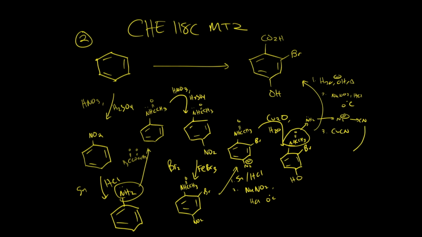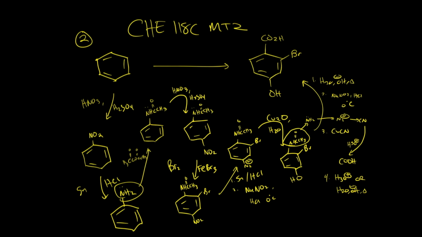And then finally, we know that if we did hydrolysis of a cyanide group, that will take us all the way to the carboxylic acid. So step 4 will be H3O plus, or we could do H2O, OH minus, and heat.